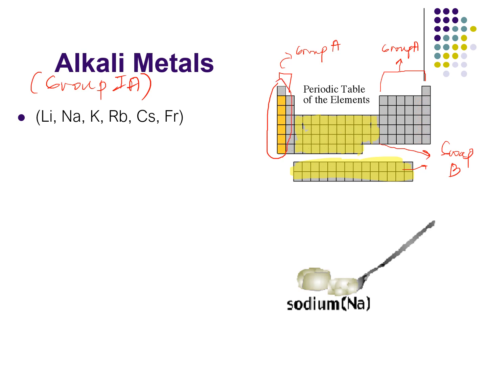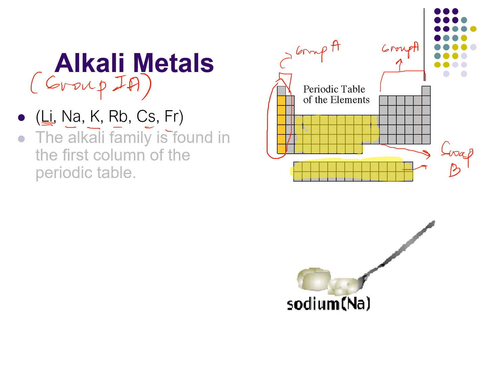Meron po tayong 6 na elements, which are lithium, sodium, potassium, rubidium, cesium, and francium. So, the alkali family is found in the first column of the periodic table. Yung una. So, that is group 1A.